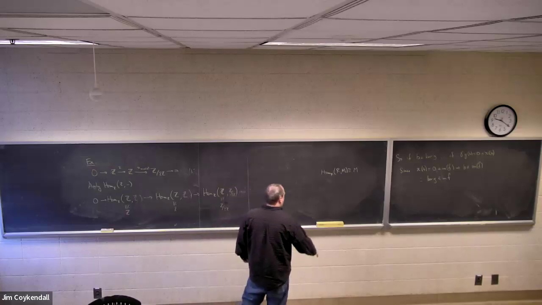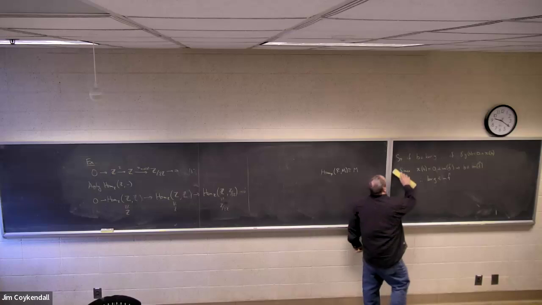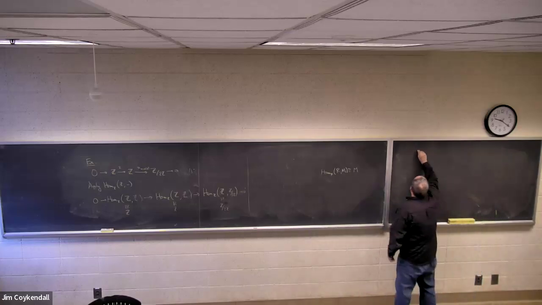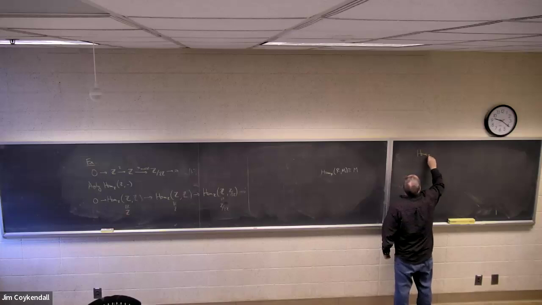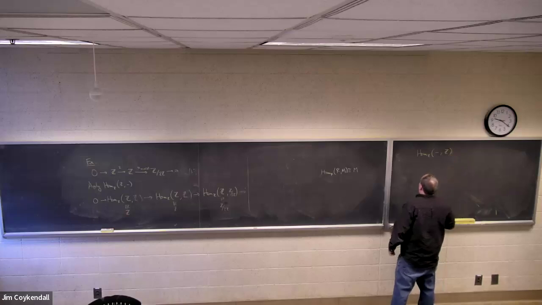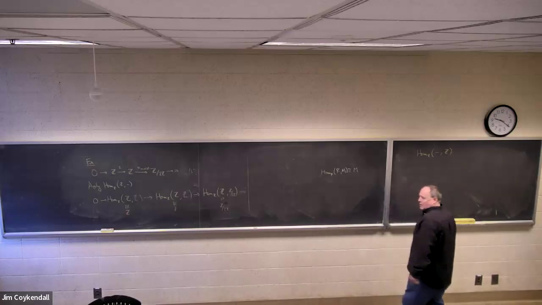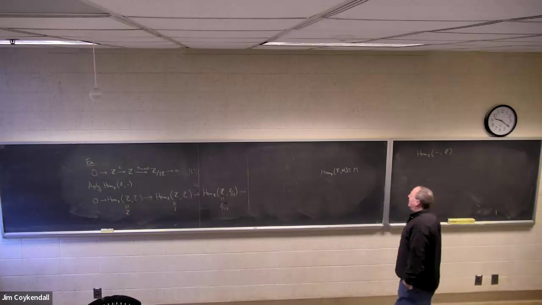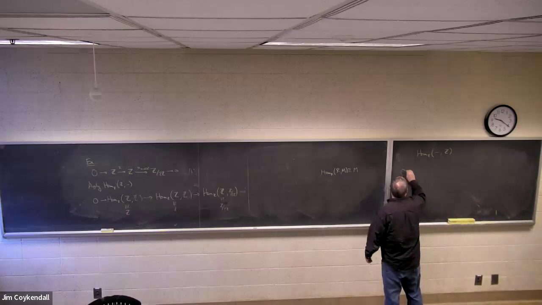But what if you do the other columns? What if you apply hom the other way? Well, by our theorem, we should get 0.